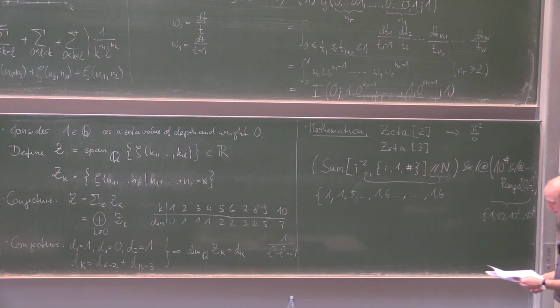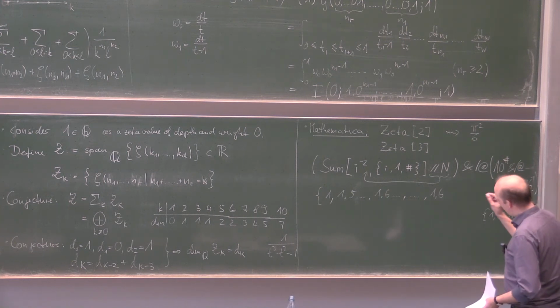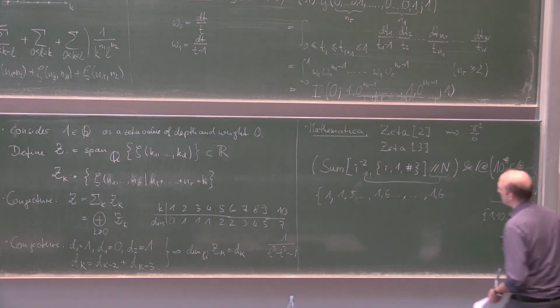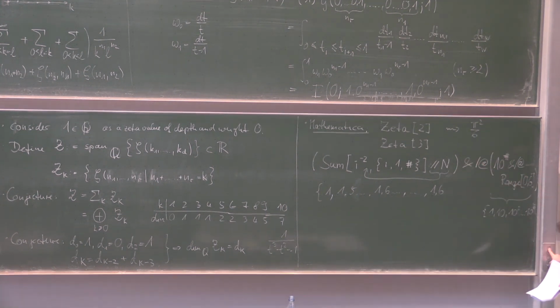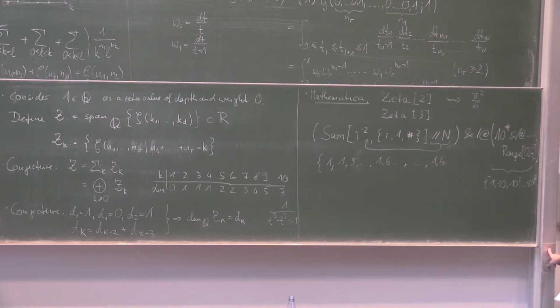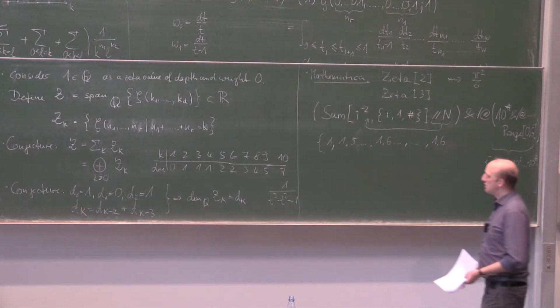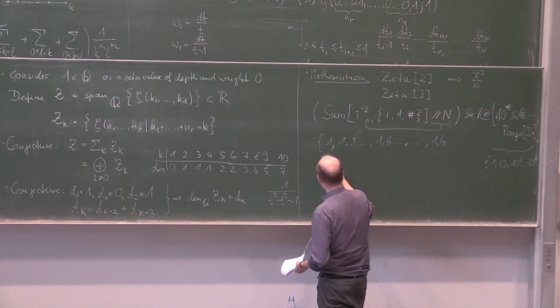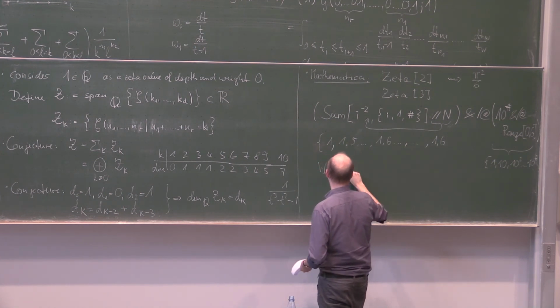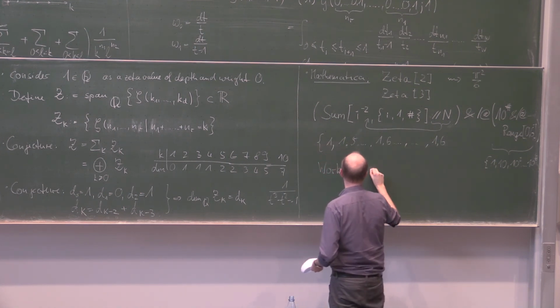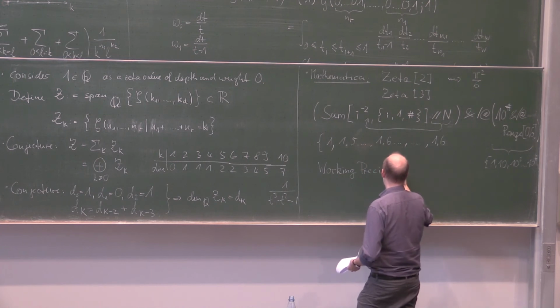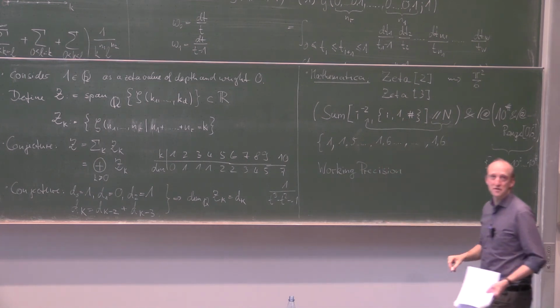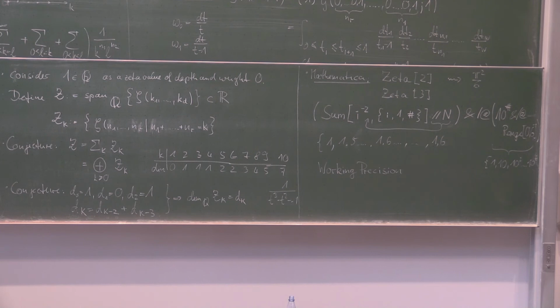One last comment for Mathematica. You can tell Mathematica to be more precise if you take the working precision parameter up. Usually the working precision in Mathematica is machine precision.